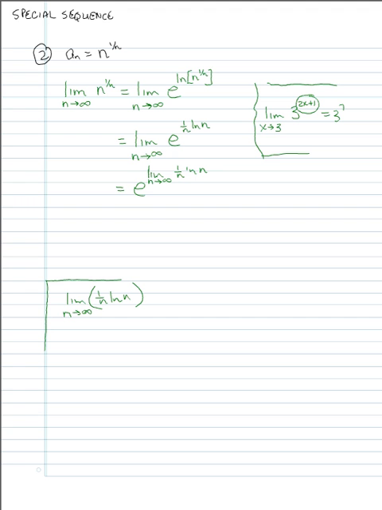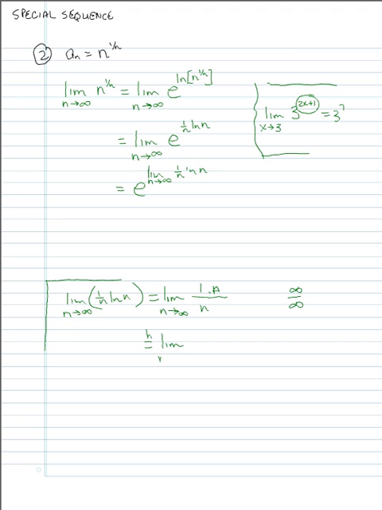Now, actually, we can rewrite this a little better, because 1 over n times the natural log of n is the same as the natural log of n all divided by n, isn't it? As n goes to infinity, that numerator is going to infinity, and that denominator is going to infinity, and so L'Hopital's rule applies.